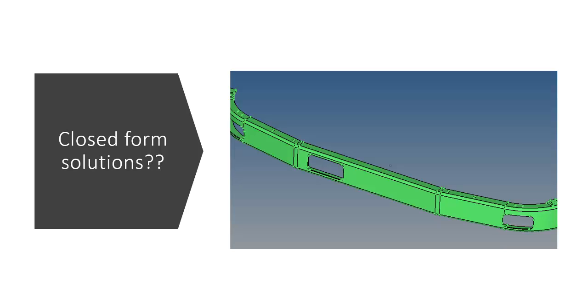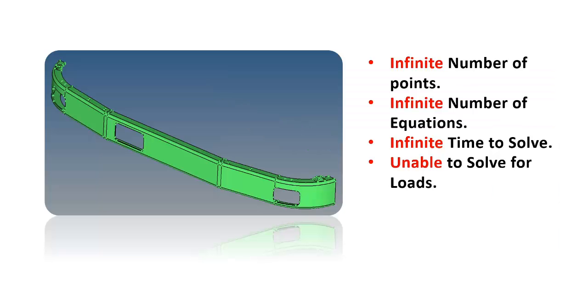How do we solve, apart from the closed form solutions, for this curved irregular shape with cutouts, fillets, and everything? If we take this continuous body and look in detail, it has an infinite number of points. If I consider each point having 6 degrees of freedom, an infinite number of points means an infinite number of degrees of freedom.